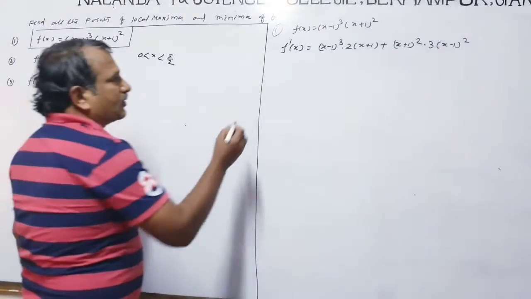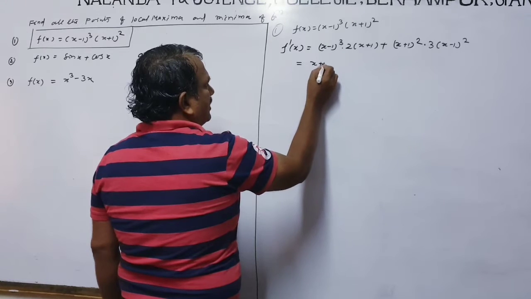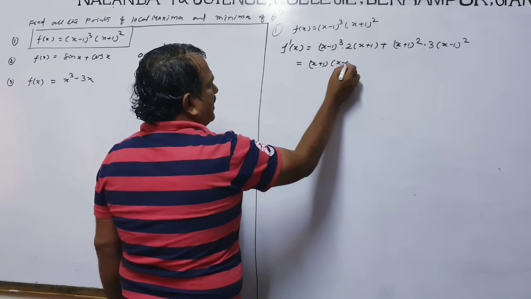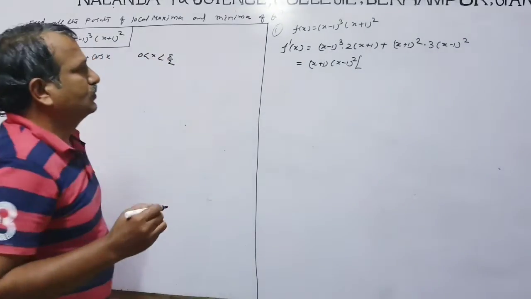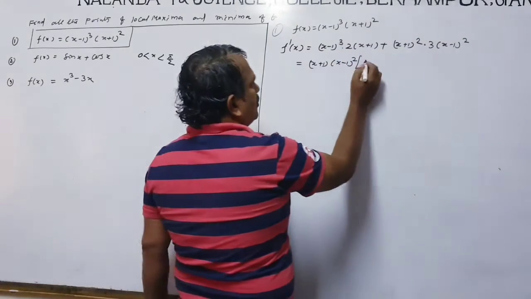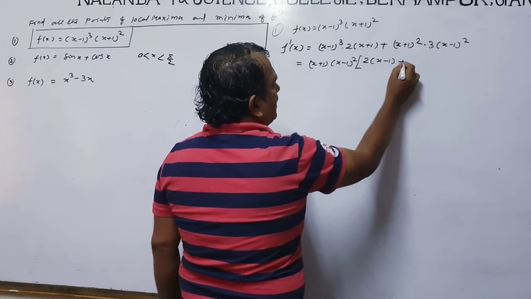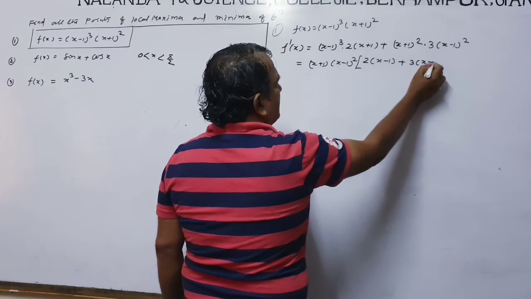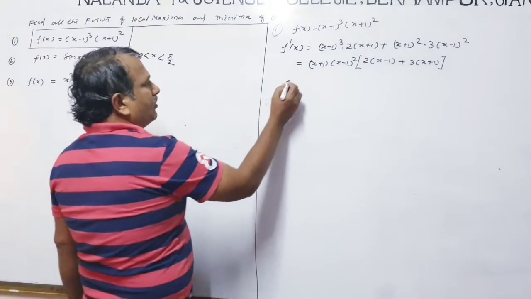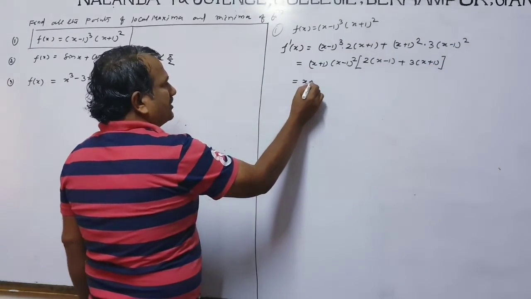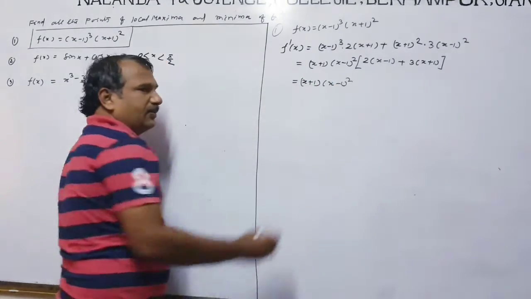Okay, now take out common x plus 1 into x minus 1 the whole square. Now here 2 into x minus 1, here 3 into x plus 1. Okay, now this part equal to x plus 1 into x minus 1 the whole square.